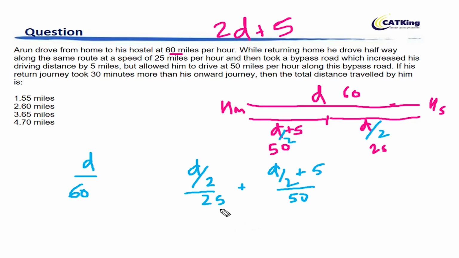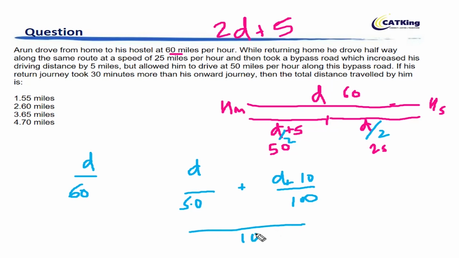So now if I just take it here, this becomes d upon 50, right? And this becomes d by 2 plus 5, this becomes d plus 10 upon 100. So d plus 10 upon 100. Now all we have to do here is take an LCM, it becomes 100, this becomes 2d plus d plus 10, so 3d plus 10.